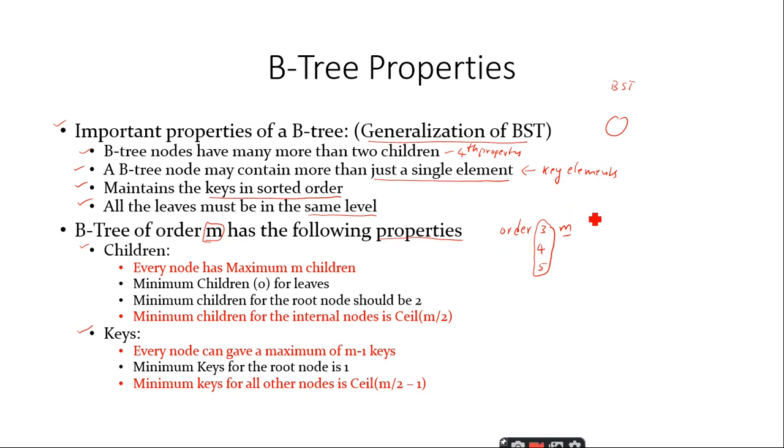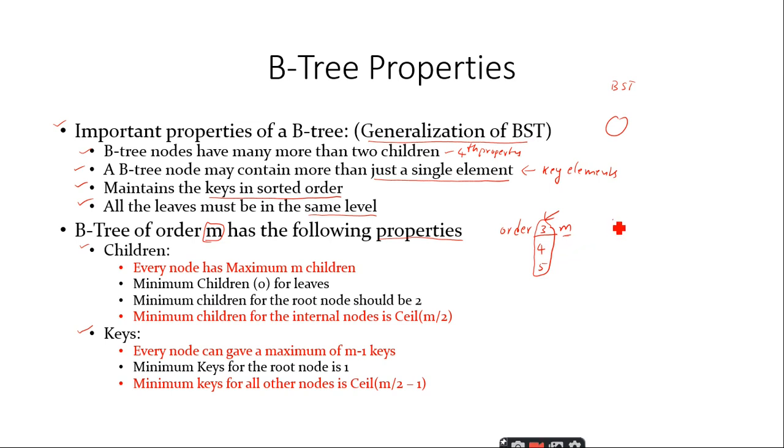Yes, sir. So another point. If I say a B tree of order 3, what does it mean? That means every node can have a maximum of 3 children. That's it. So order represents the maximum child number, right?